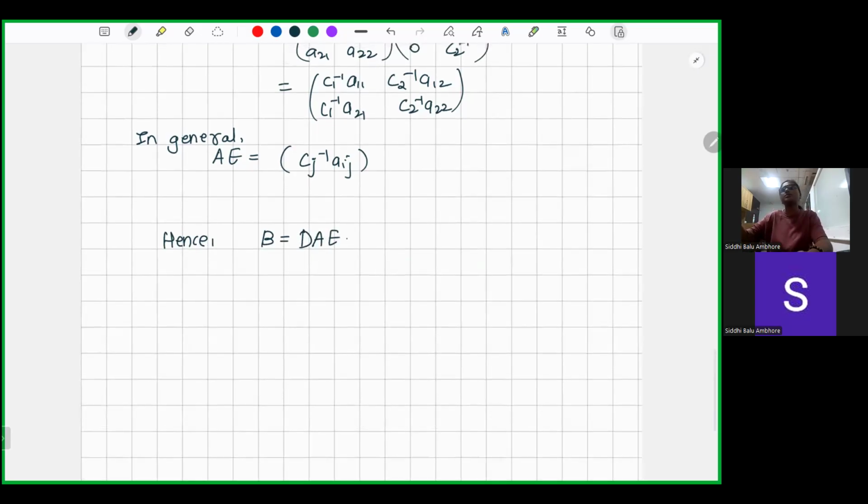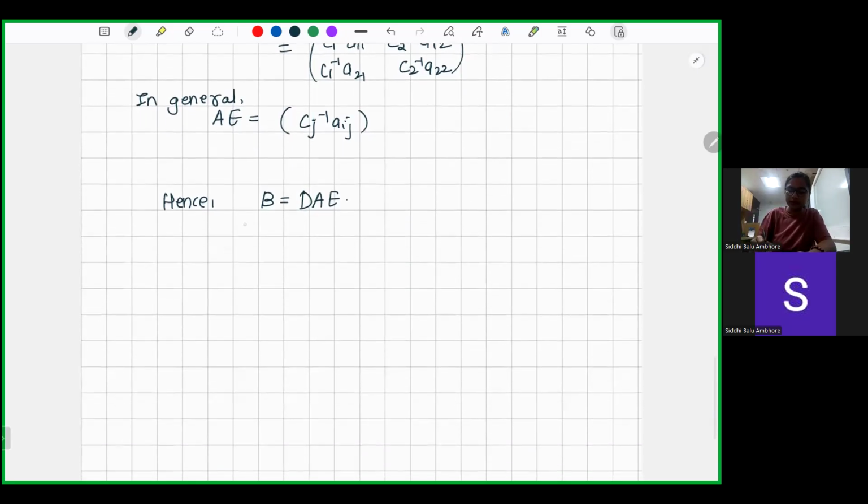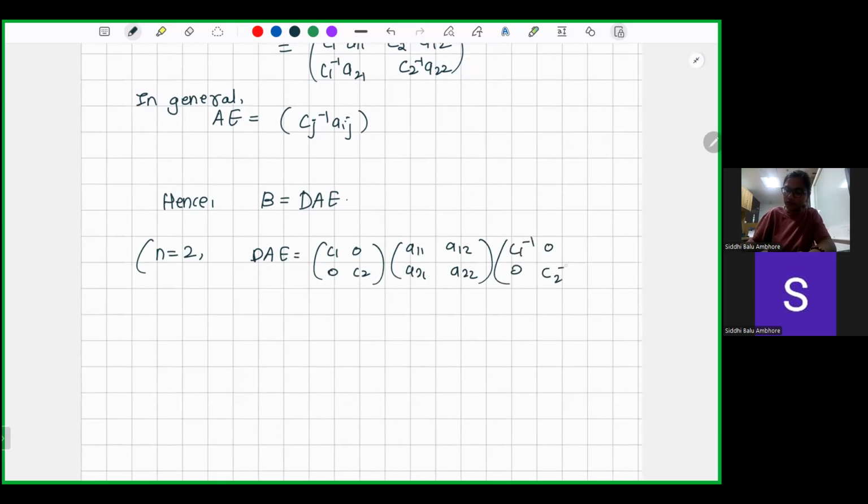Okay, the sequence of multiplication is important. So let us check for n is equal to 2. So DAE is C1 0 0 C2, A11 A12 A21 A22, and C1 inverse 0 0 C2 inverse.